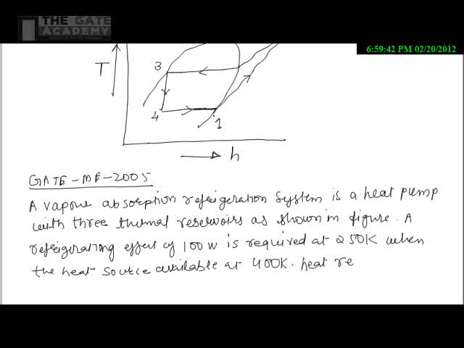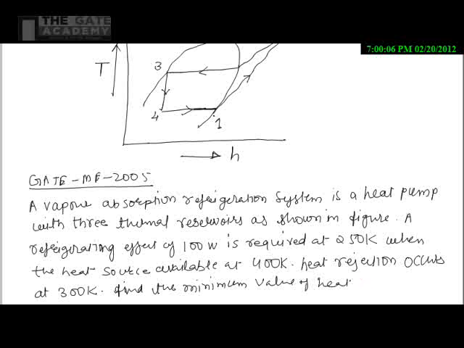Heat rejection occurs at 300 Kelvin. Find the minimum value of heat required in watt.